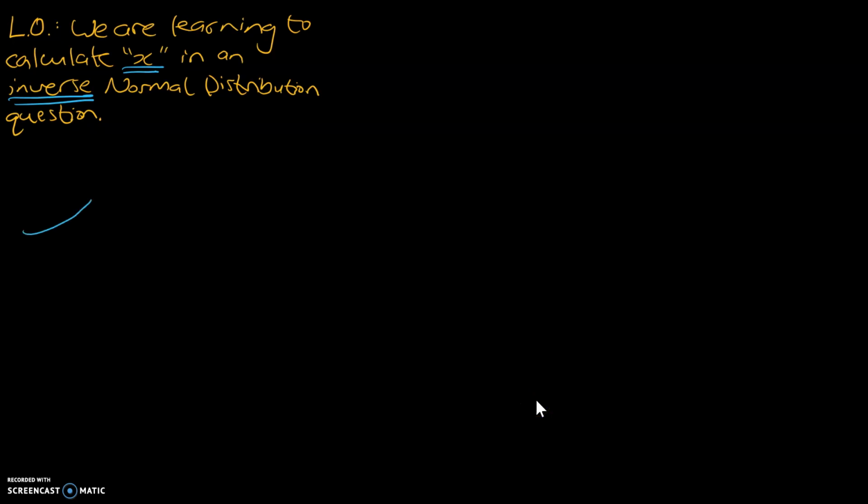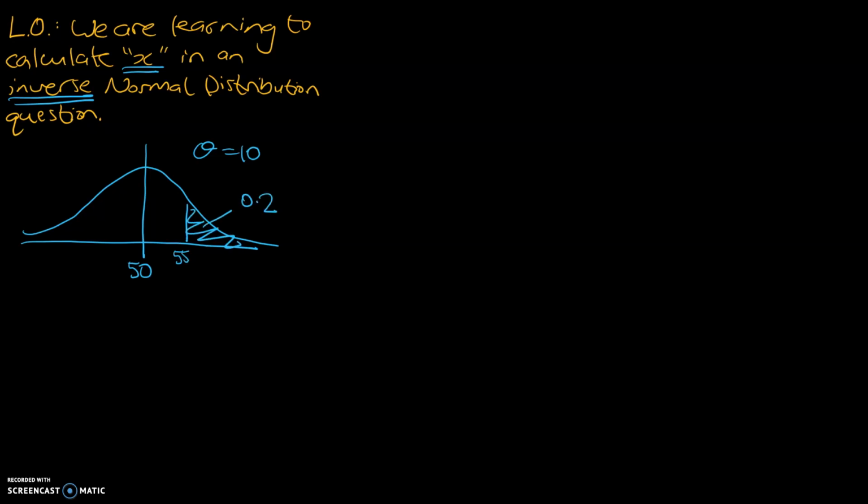So a normal distribution graph looks like this, and in our earlier video we were told to enter in 50 as our mean. Our standard deviation was 10, and let's say we had 55, and let's say we calculated this to be 0.2.